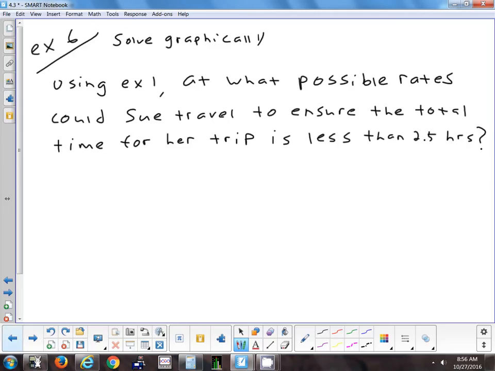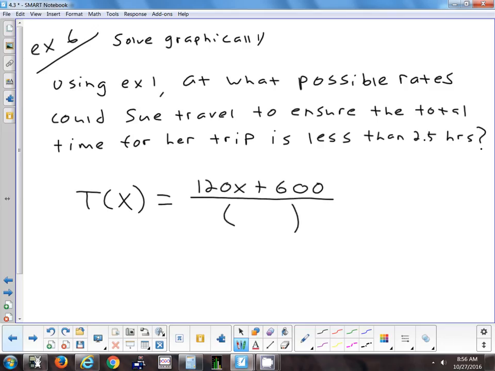All right, so I need the original equation that we had when we did this problem, preferably the one with the combined denominator. Can anybody tell me what that was? It was like 120x plus 600 or something? Yeah, 120x plus 600 over x times x plus 20.